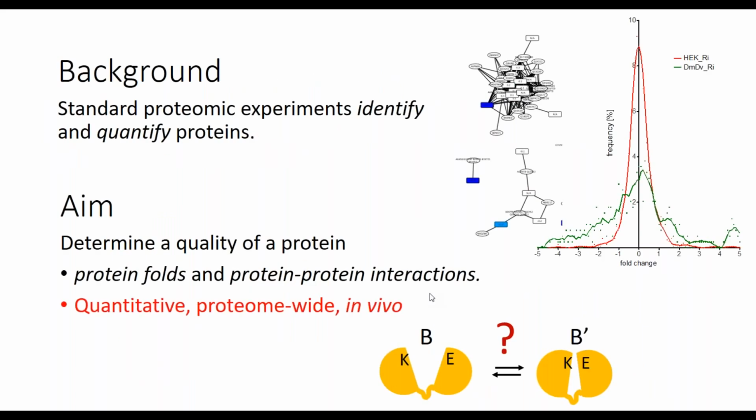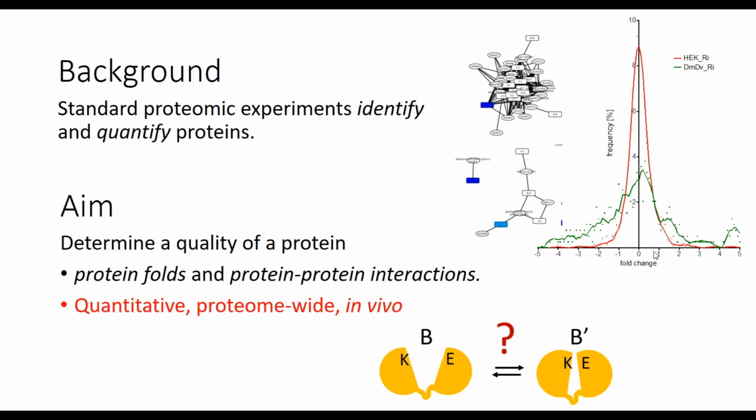In a standard proteomics experiment, we identify and quantify proteins. That is shown here, where we usually get a distribution of ratios, and then we apply some statistics to see which proteins are significantly regulated between the two samples that we compare. But here, our aim is to determine a quality of a protein.